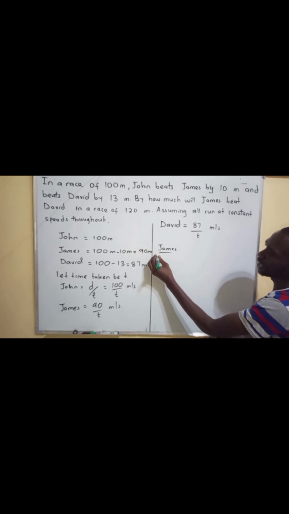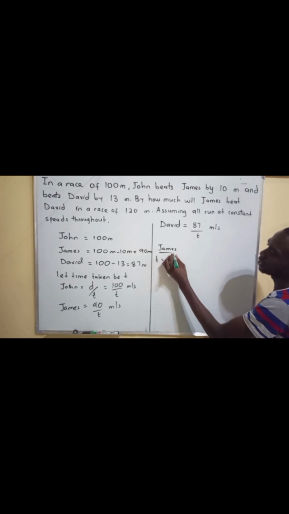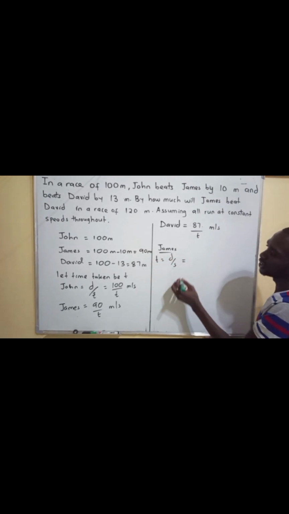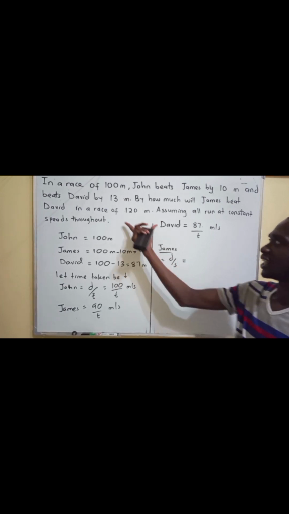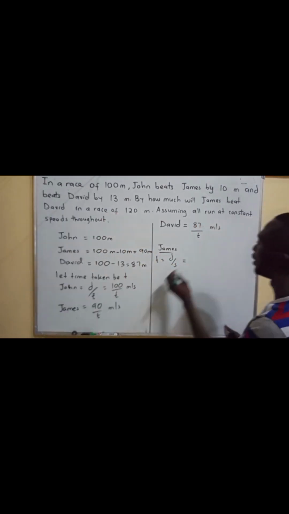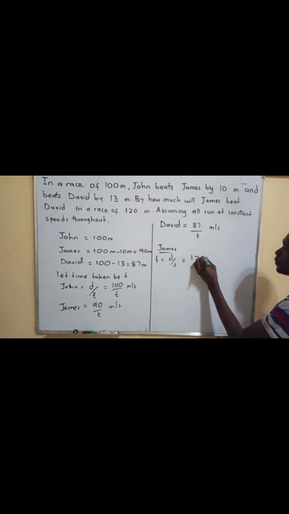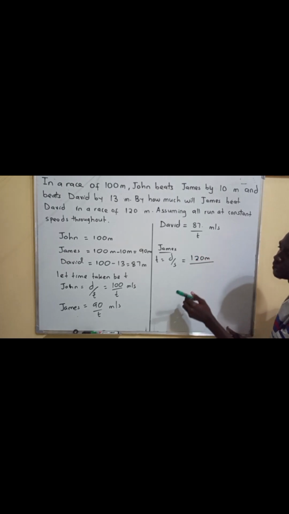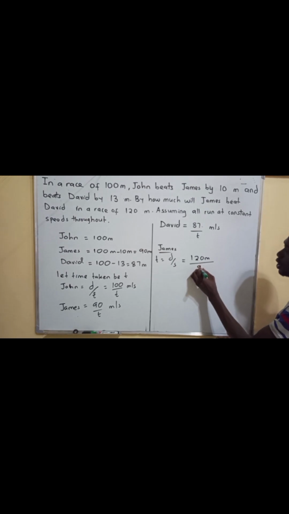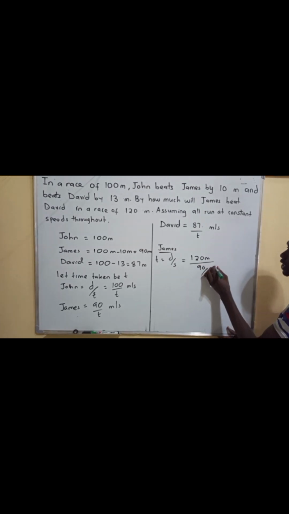Now, the time is equal to the distance over the speed. The distance here is 120 meters over the speed. The speed for James is 90 over T meters per second.